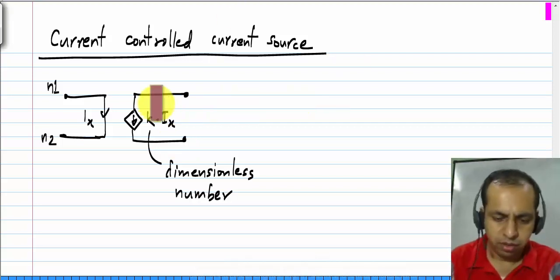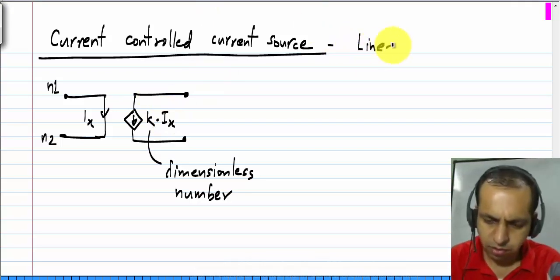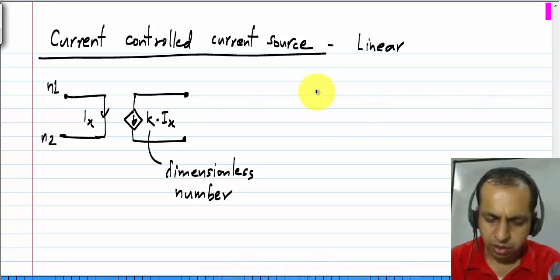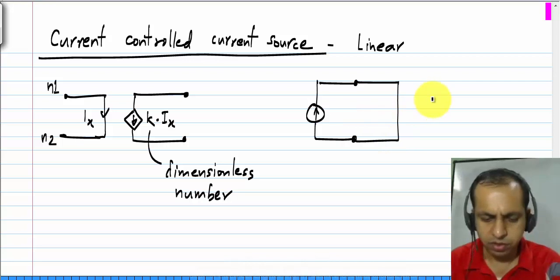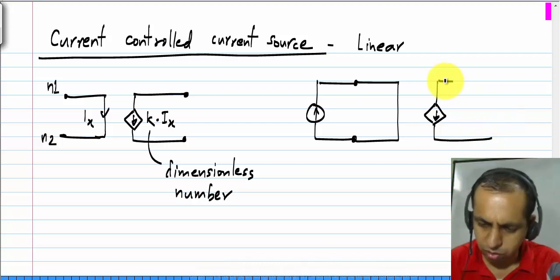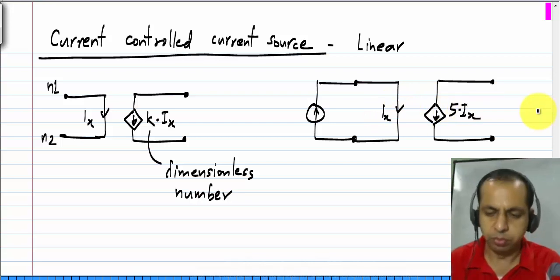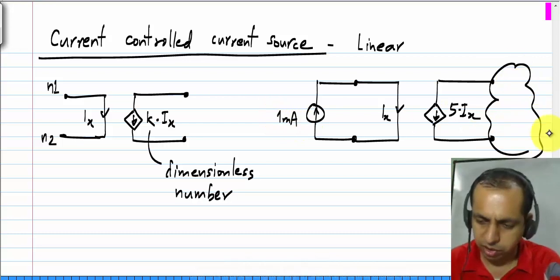And again, from this relationship, it's obvious that this is linear. What it means is that if you drive a current controlled current source by a current source, so let's say we have a current controlled current source defined to be 5 times the input current, and I drive it with 1 milliamp, I connect this to some arbitrary circuit.